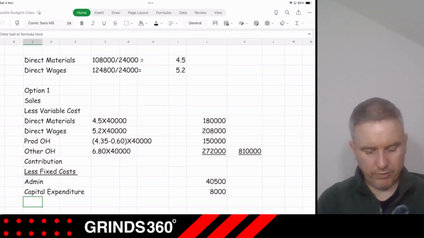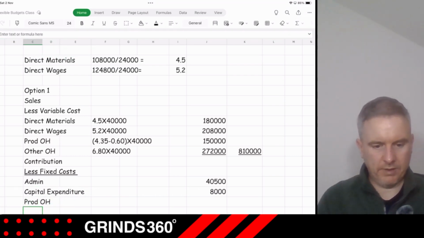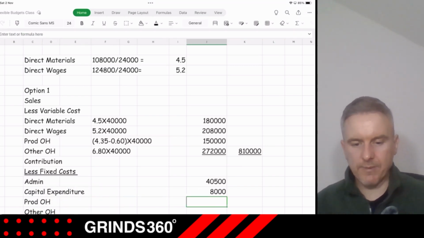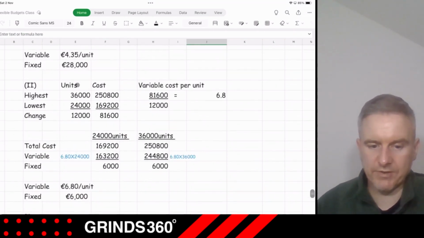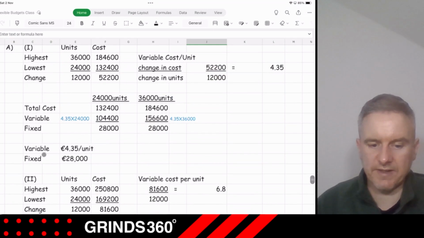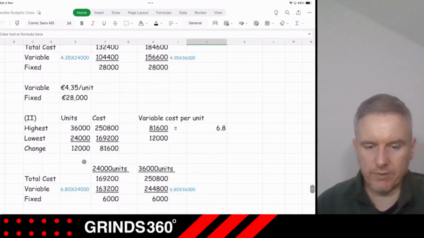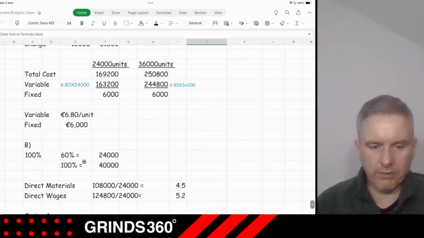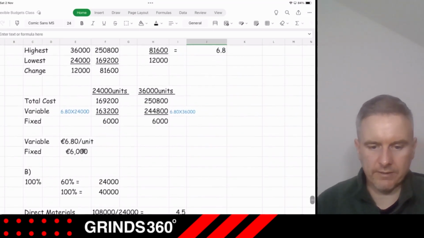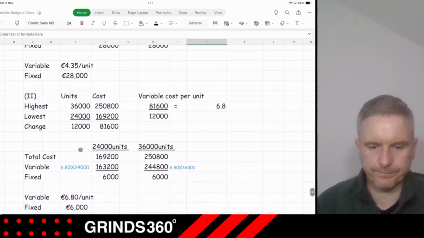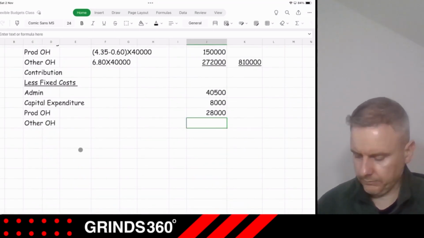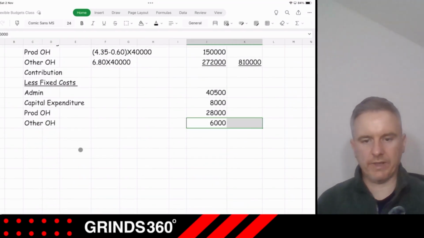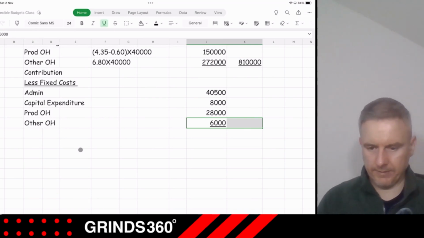And don't forget the production overheads and the other overheads. So the production overhead, the fixed element is still fixed, okay? That hasn't changed. So the reduction of 60 cent doesn't change the fact that the fixed element there was 28,000. So that's still 28,000. The other overhead then is still coming in at 6,000. So that will give you your total fixed then.